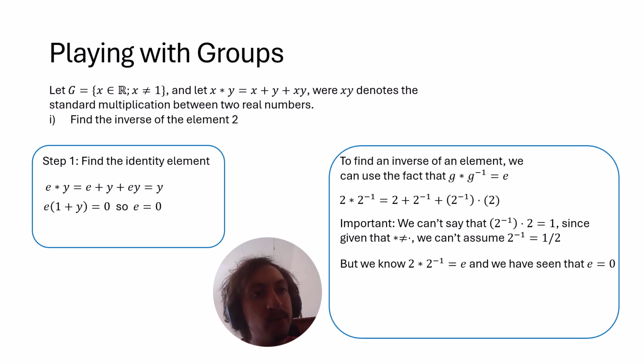So we can go a bit further with our expression for 2 star 2 to the minus 1 by remembering that 2 star 2 to the minus 1 is equal to E by definition. We've shown E equals 0, so 2 to the minus 1 star 2, or 2 star 2 to the minus 1, whatever you like, is going to equal 0.